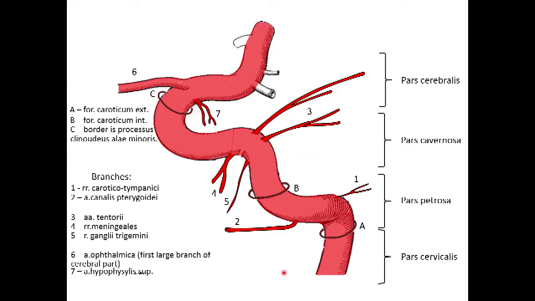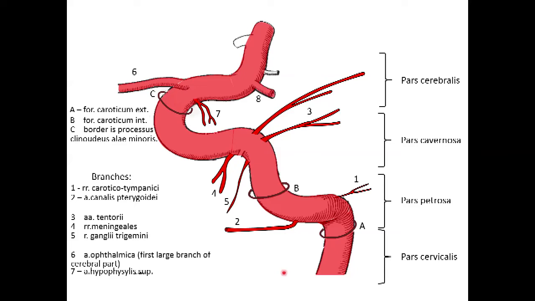And this very small internal gland has several arterial blood vessels, and one of them, number 7, is arteria hypophysealis superior. Why are several blood vessels necessary? Because of providing independent blood supply.